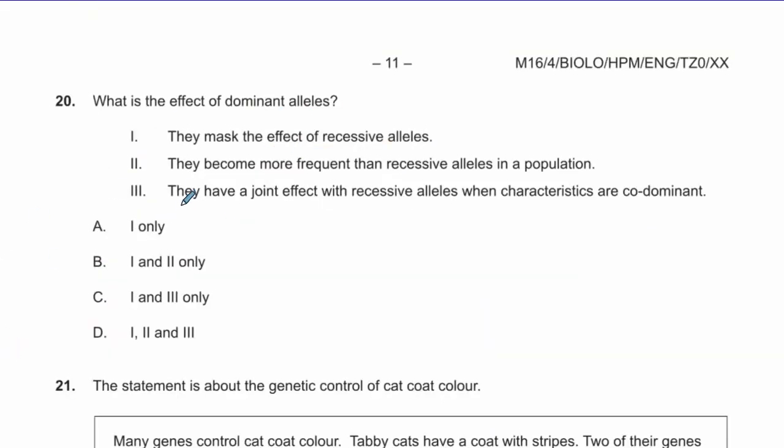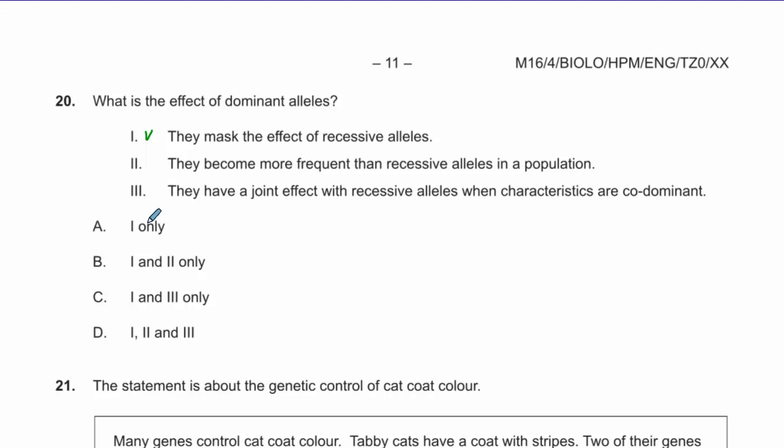20. What is the effect of dominant alleles? They mask the effect of recessive alleles. Yes, they do. They become more frequent than recessive alleles in the population. Well, not on the genotype level. They might overshadow many recessive counterparts, but they don't actually become more frequent.